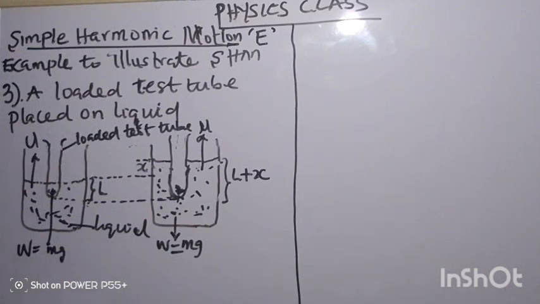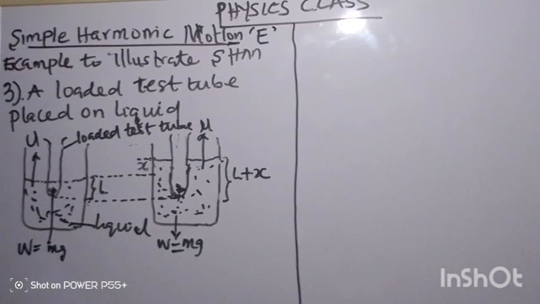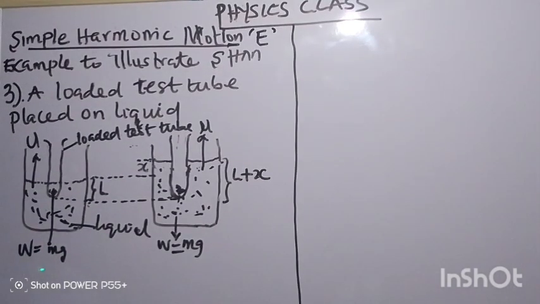When we concluded, I promised that we are going to take the last one today. The last one we are going to look at is a loaded test tube placed on liquid, oscillating in simple harmonic motion. As I said, this lesson is a progressive lesson that takes from one topic to another.